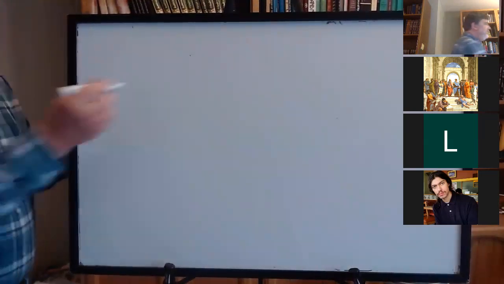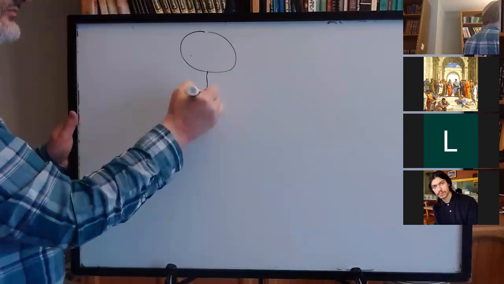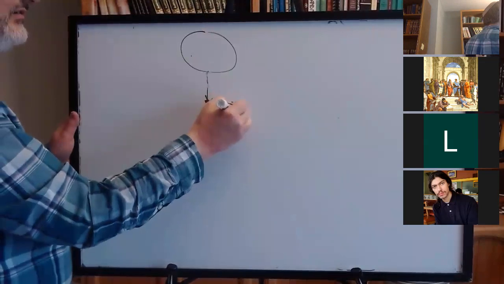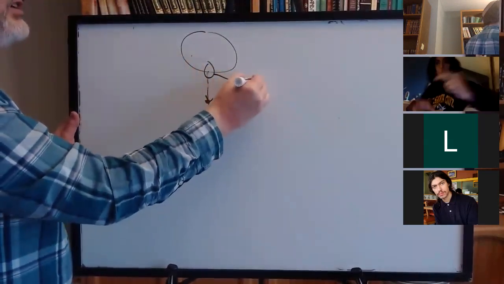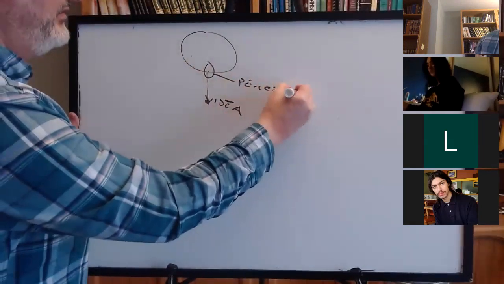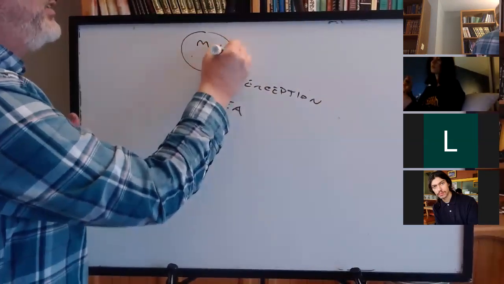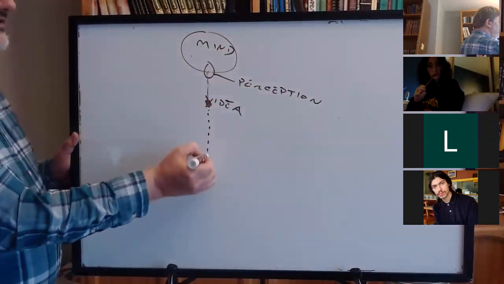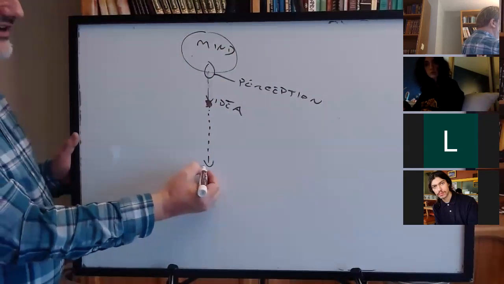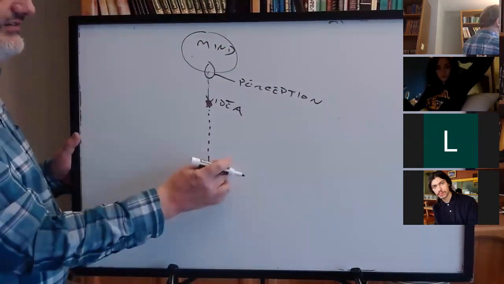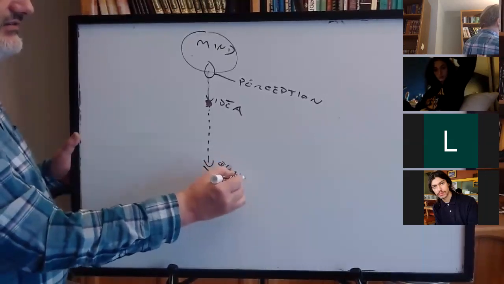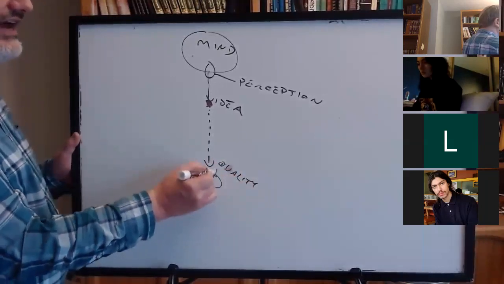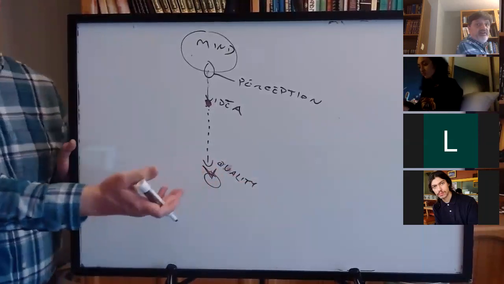But if you remember the picture from last time, here's the operation of perception. Here's my mind. Here's the idea, which is the immediate object. And I said, what's the mediate object? Well, Locke calls that a quality. And the quality is a power that's in this external thing.